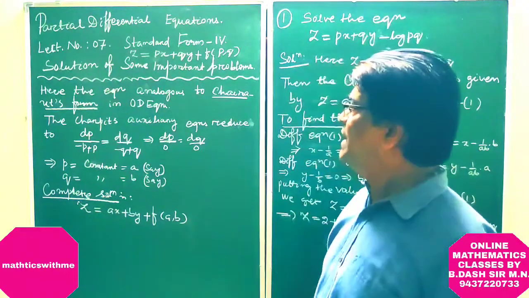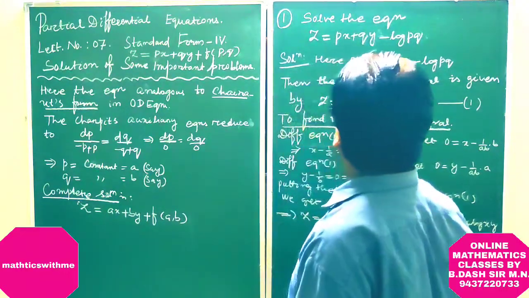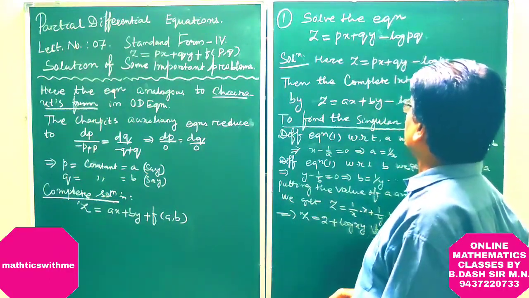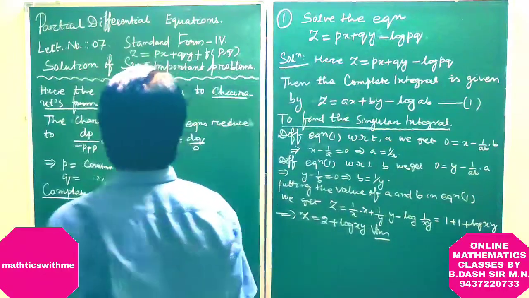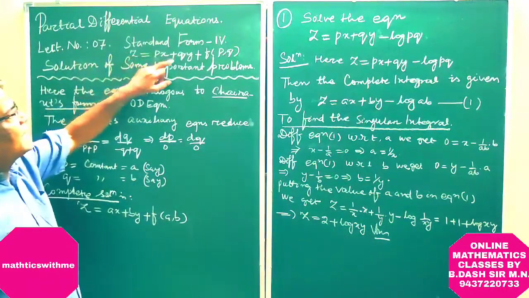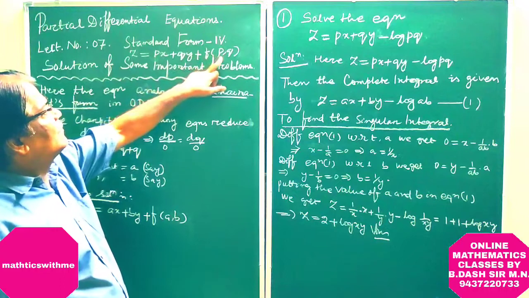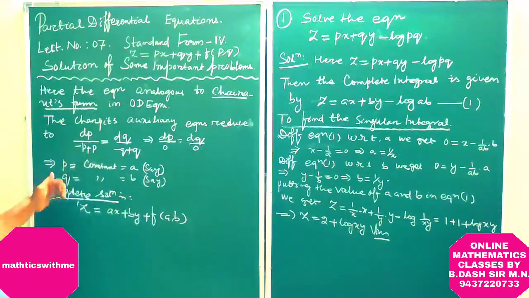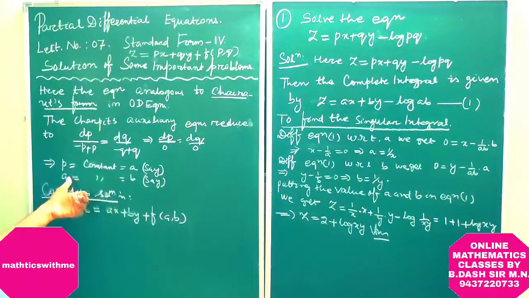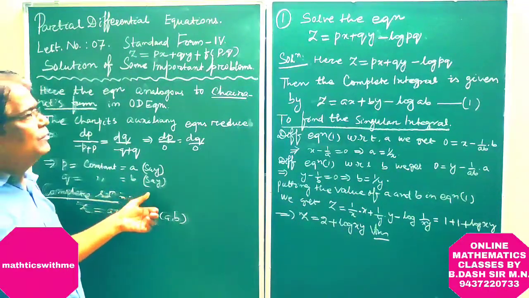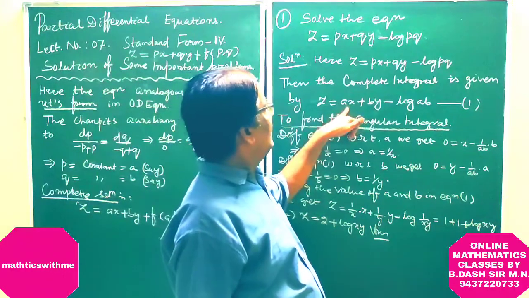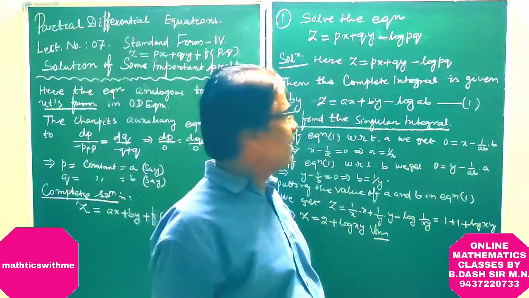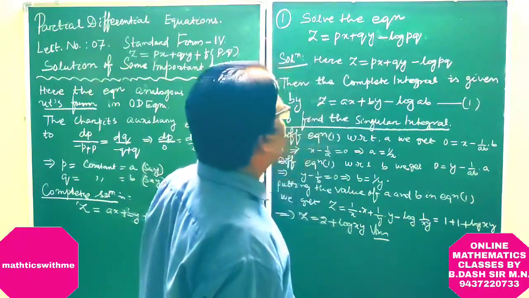So here the question is, we have to solve z is equal to px plus qy minus log pq. It is actually in the Clairaut's form, z is equal to px plus qy plus f of pq. Then the complete integral by Charpit's rule, we get p is equal to a, q is equal to b. Now putting p is equal to a, q is equal to b, we get z is equal to ax plus by minus log ab. This is the complete integral.